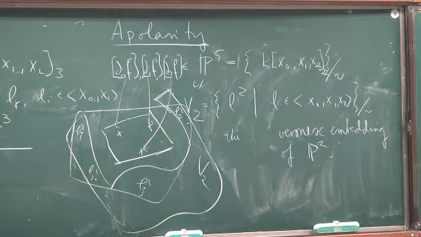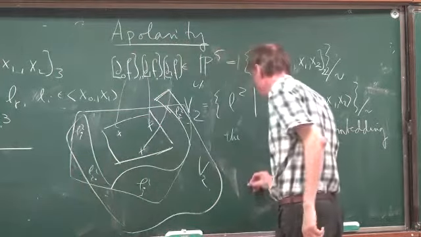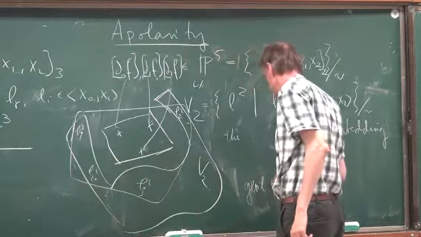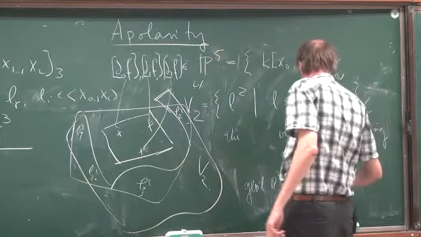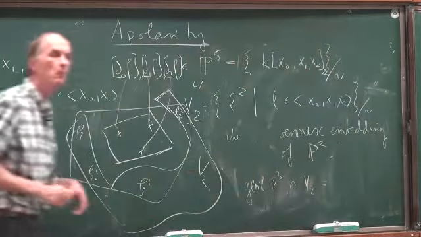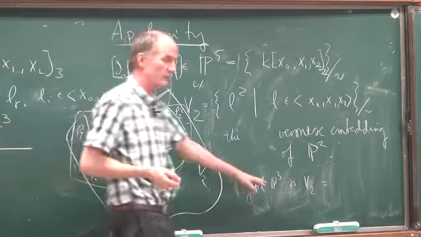A general P3 intersects the Bernoulli surface in what? Well, the Bernoulli surface is dimension 2 and the P3 is dimension 3 in P5.